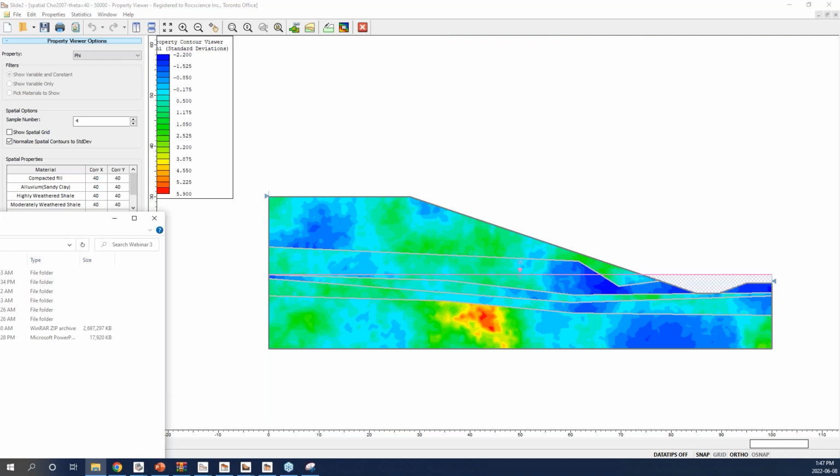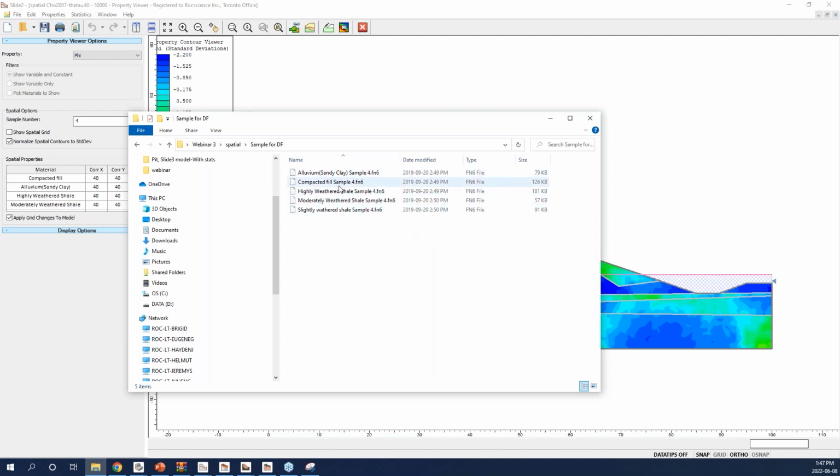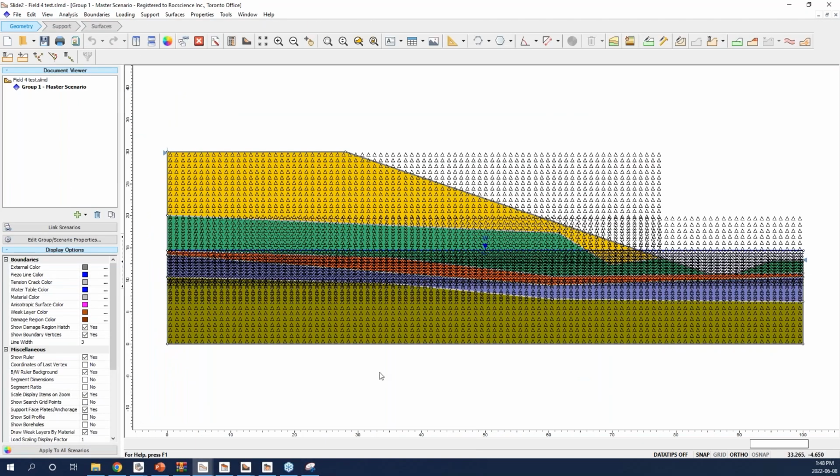So basically, that's what I did. And I exported the discrete functions for different materials. So these are all 5 layers for sample number 4. And I started with the Slide model. So you don't need to do probabilistic analysis.